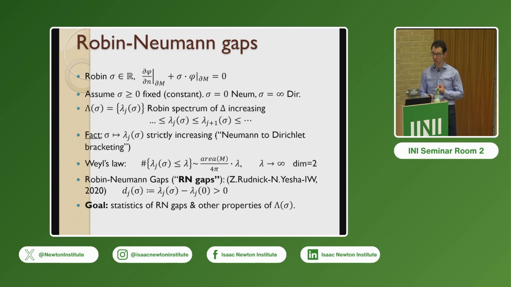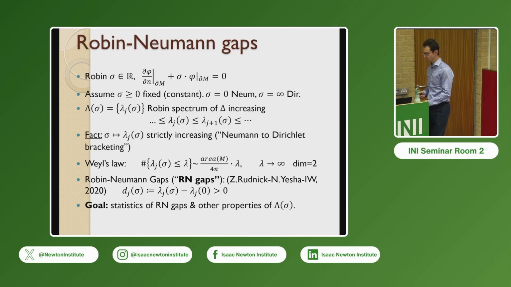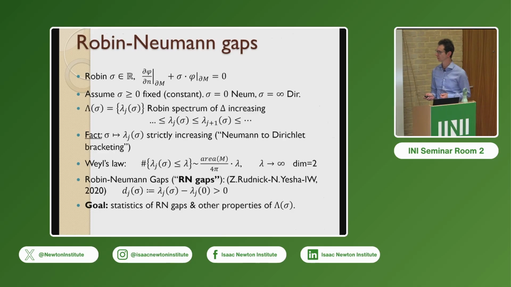And they are strictly positive because of the strict increase of lambda j as a function of sigma. Our goal is to study the statistics of Robin-Neumann gaps and some other properties of the Robin spectrum. For example, whether in some particular cases it's simple, degenerate, highly degenerate, and other properties.